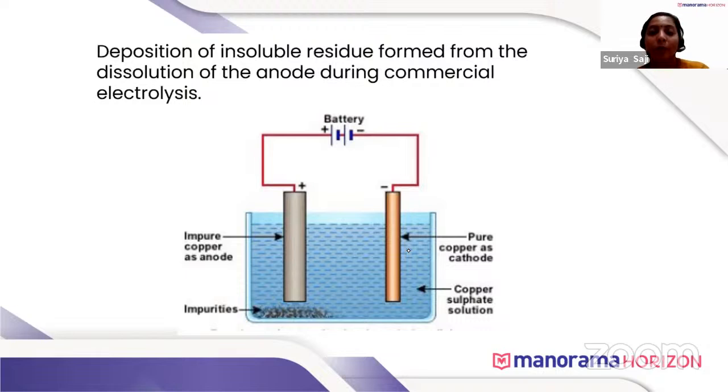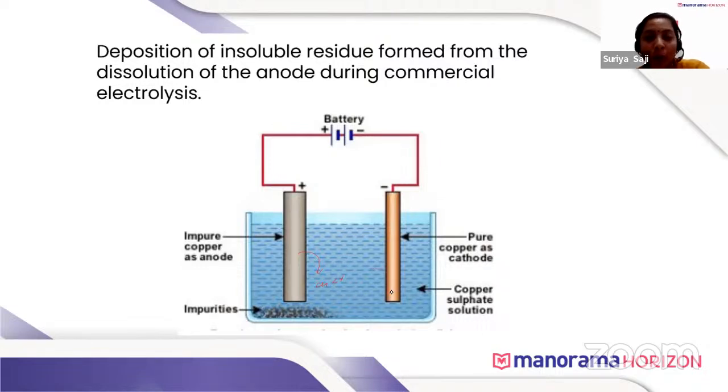So what will happen during electrolysis? At the anode, oxidation occurs, so this copper will come into the solution as Cu2+ ions. What will happen at the cathode? At the cathode, reduction will happen, and this copper will get attached to the cathode.